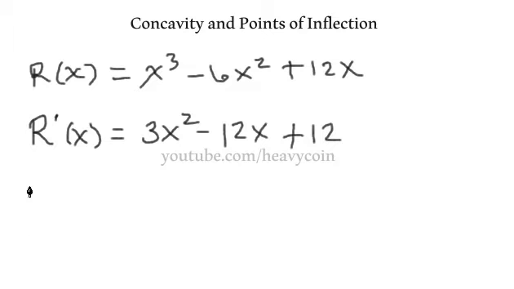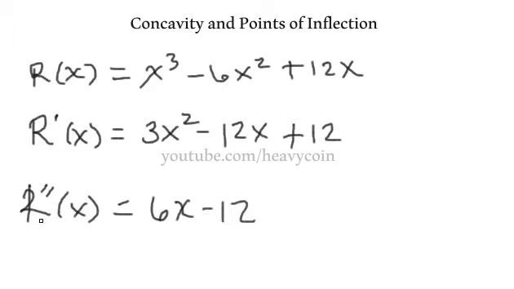And then I'm going to go ahead and take the second derivative. Wow, that's an r, it didn't look anything like that one, but whatever. So we end up with 6x minus 12. We're taking the second derivative, setting it equal to 0, and we're going to get these critical numbers.